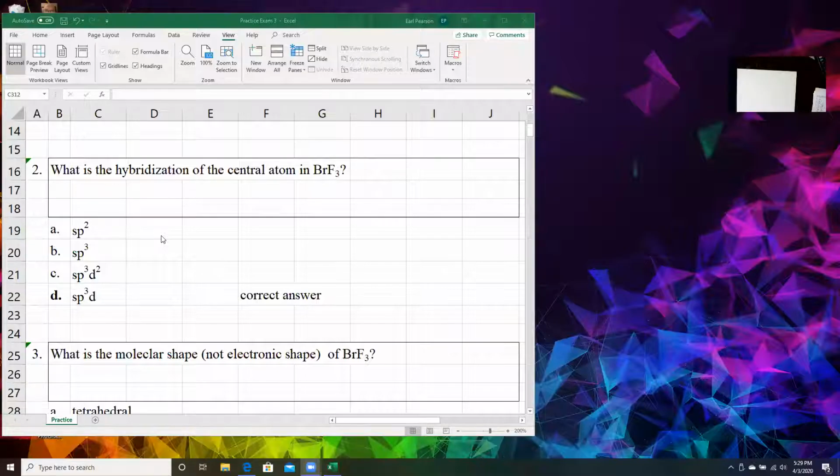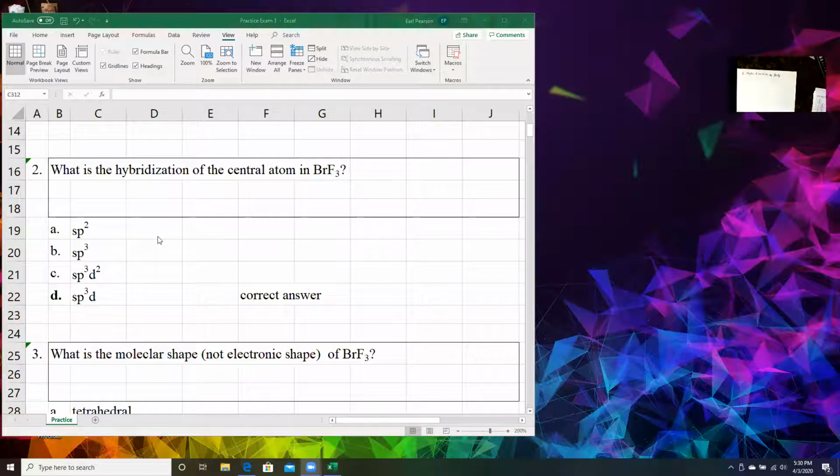Okay, now for number 2, let's go through it. Now, I need to go back to screen sharing in order for you to see what I'm seeing. But you've got a copy of it already. This is practice exam 2, number 2. We want the hybridization in BrF3.